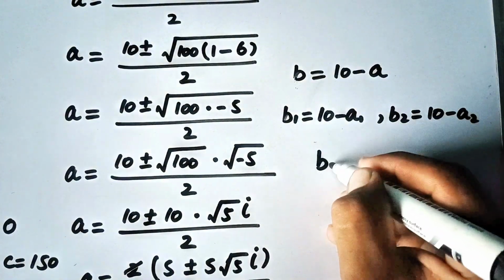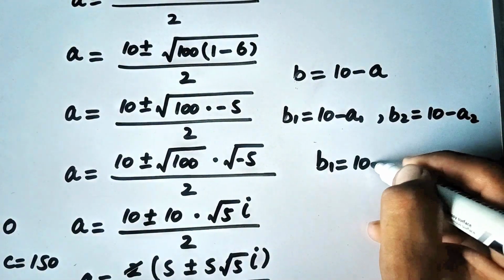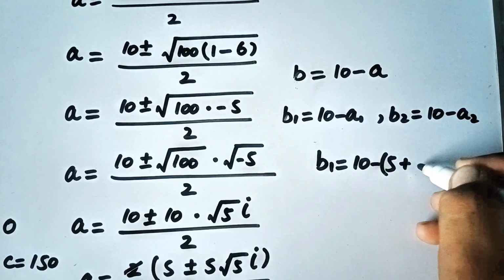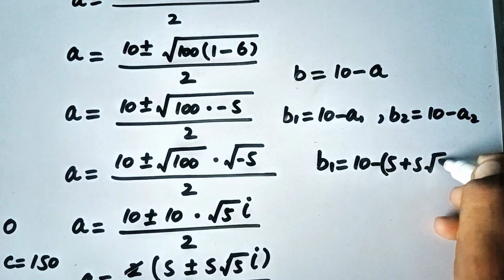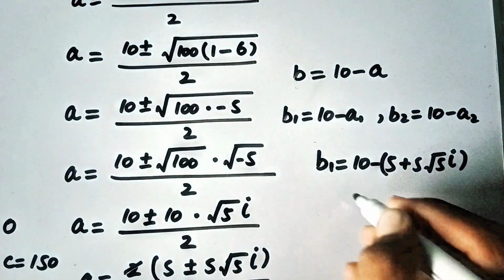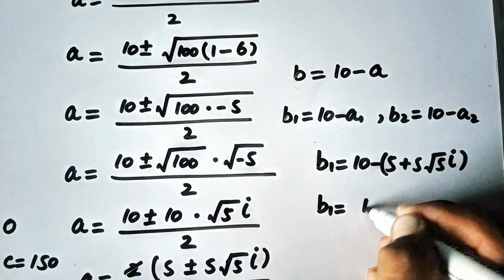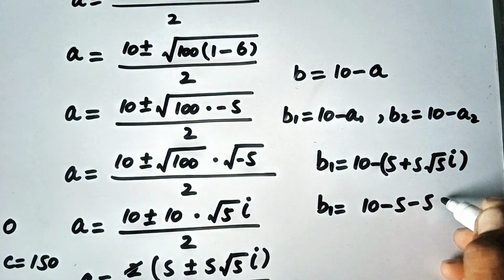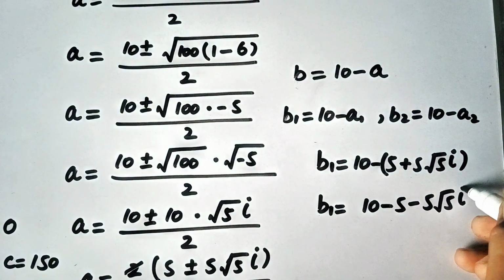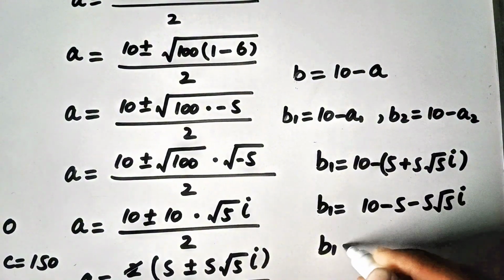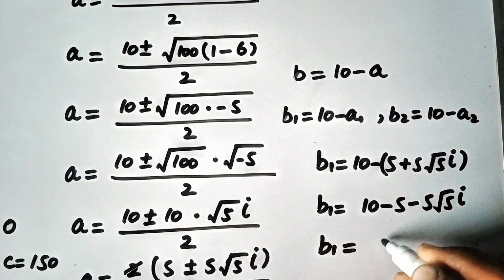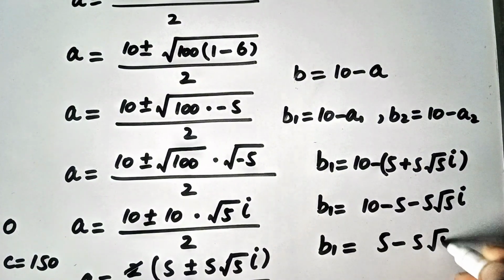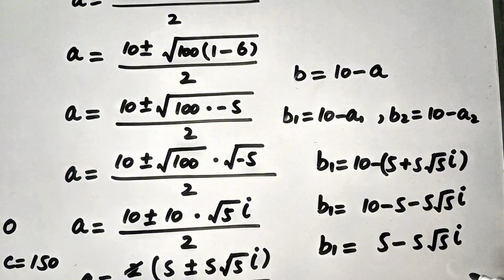So here b1 is equal to 10 minus a1, we have gotten 5 plus 5 times root of 5i, that is now equal to 10 minus 5, minus times plus is minus, 5 times root of 5 times i. Now b1 is equal to 10 minus 5, which is 5 minus 5 times root of 5 times i.